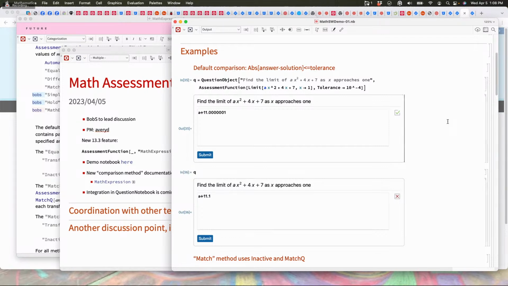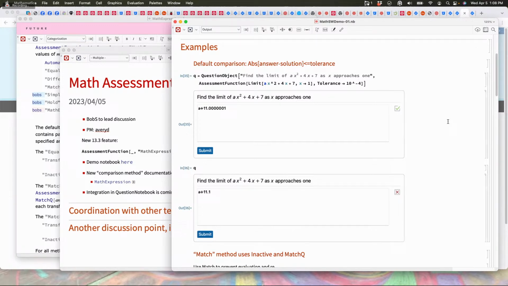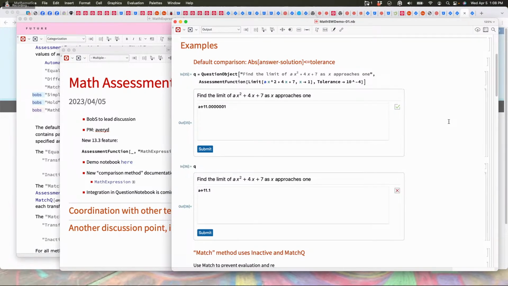Right. So the idea is not necessarily that the student is solving these in Wolfram Language. It's the teacher's tool and they're presenting the notebook, and the student solves it how they solve it. I understand that, but I'm disputing that for an algebraic case numerical tolerance makes a lot of sense.